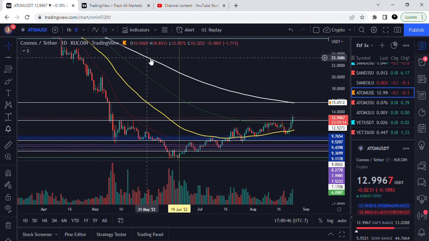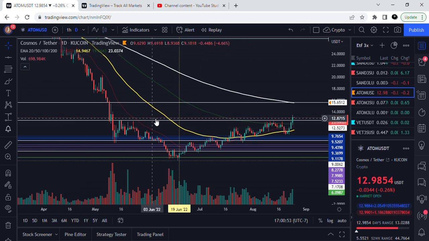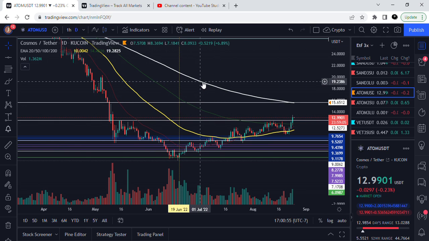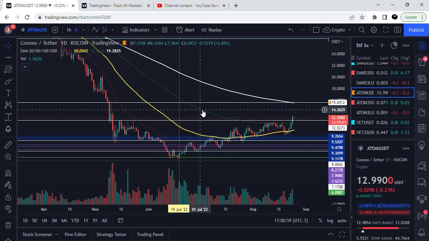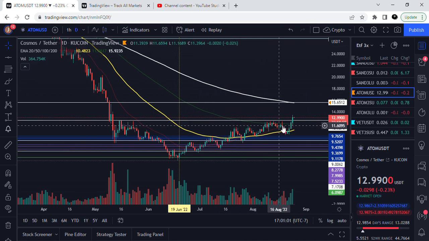You see this line, okay? These are your EMAs. So this EMA line represents the price action, the average over a period of time. And so you can see now we have cleared this green line, okay? So that's important to take note of.